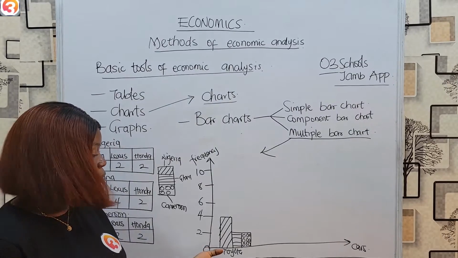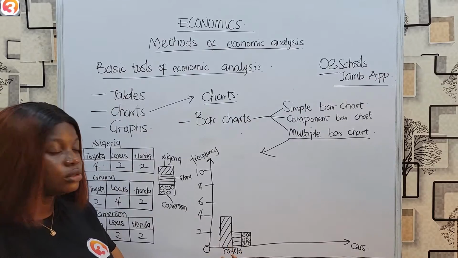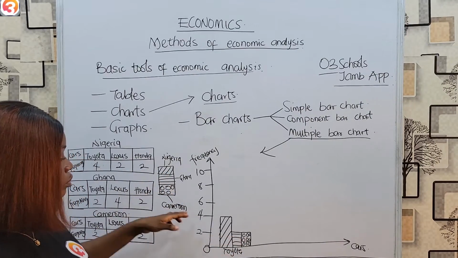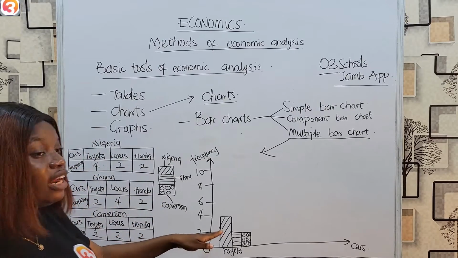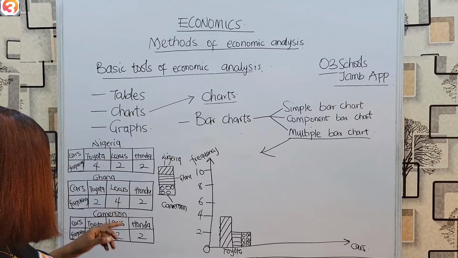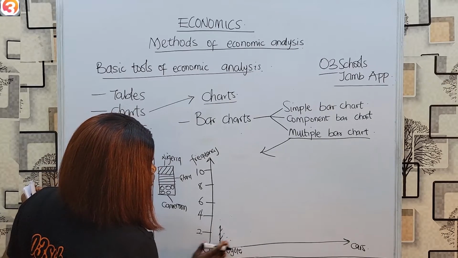This is not how it's supposed to be, but I'm just giving you an illustration. So this is how it looks. This is for Nigeria, this is for Ghana, and this is for Cameroon. If we're following the order this way, the first bar you see is for Toyota in Nigeria, the second bar is for Ghana, and the third bar is for Cameroon.